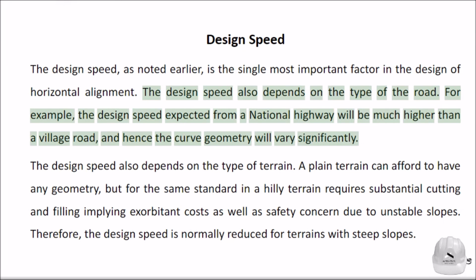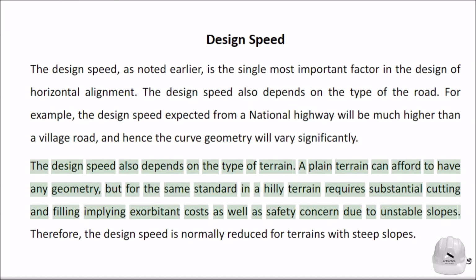The design speed also depends on the type of the road. For example, the design speed expected from a national highway will be much higher than a village road, and hence the curve geometry will vary significantly. The design speed also depends on the type of terrain.